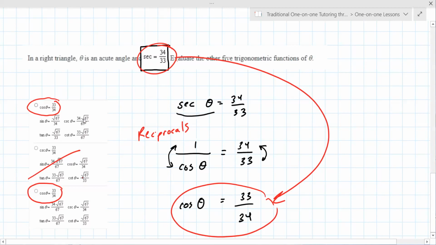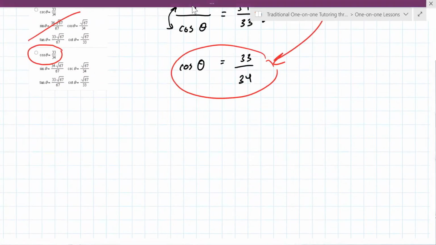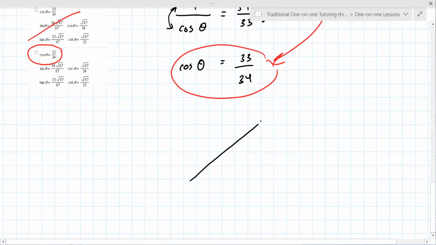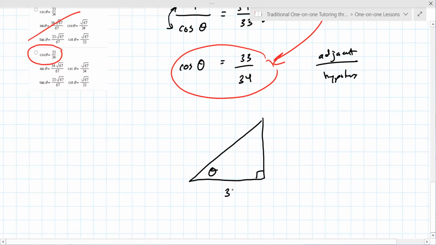To do that, you really want to draw the triangle here. The triangle that you always draw is the one that's in the first quadrant. It's okay if you don't know what I mean by that, but draw the same one every time. Cosine is adjacent over hypotenuse, so the adjacent is 33 over the hypotenuse, which is 34.